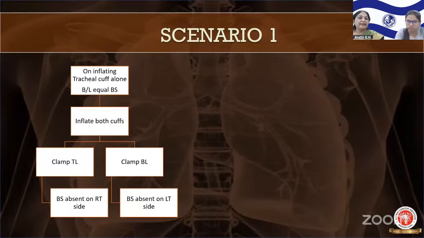Then I inflate both the cuffs, tracheal and bronchial. First, I clamp the tracheal lumen, and breath sounds are absent on the right side. When I clamp the bronchial lumen, breath sounds are absent on the left side. What is your interpretation, Nazreen, and how do you explain it?